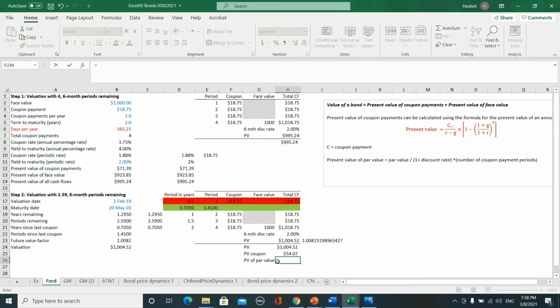How do you do that? You know that you will receive only $1,000 at the end of year 2. So you divide it by 1 plus your discount rate of 2%. How many periods do you want to take it back? You want to take it to period 1, right?